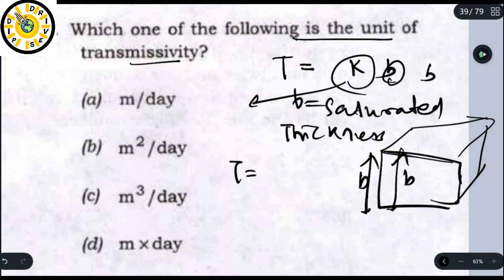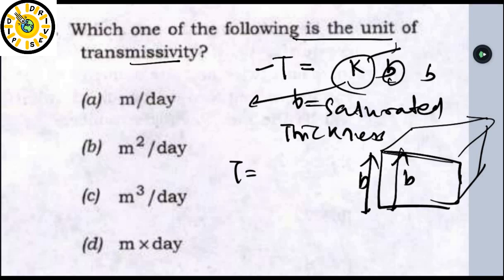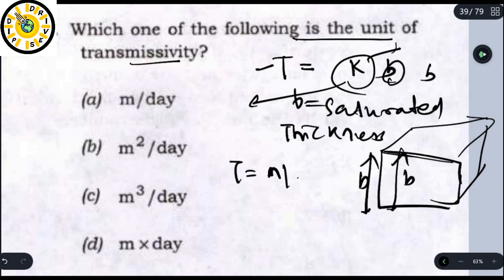Conductivity and transmissivity are transmission properties. T depends on the transmission property, and K also depends on it. It tells how much transmission of water happens through an aquifer, which is called the transmission property. K has the unit meter per day, so T in meter square per day, right?